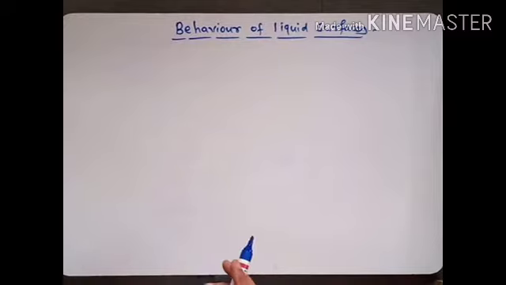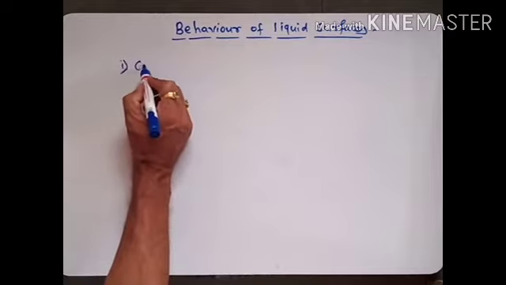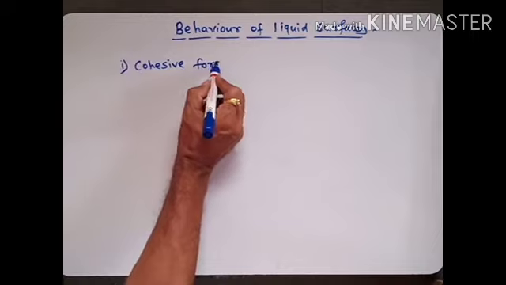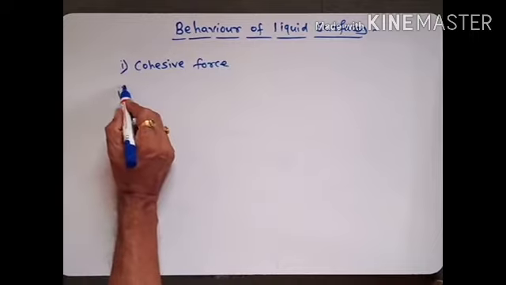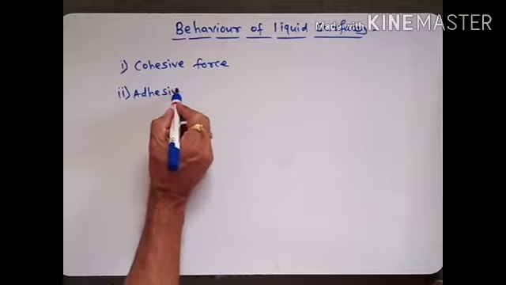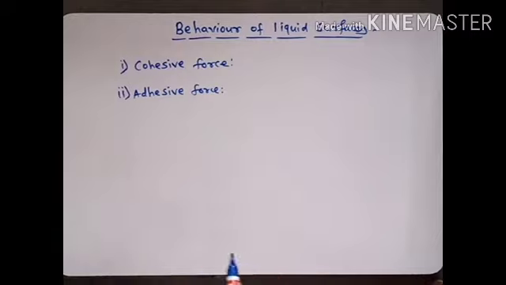Here the phenomenon of surface tension is explained by using intermolecular forces. Here we consider two types of forces: cohesive force, and second, adhesive force. We will see them one by one.